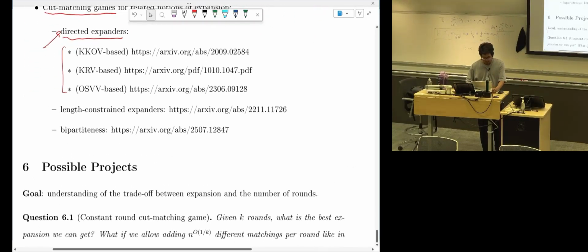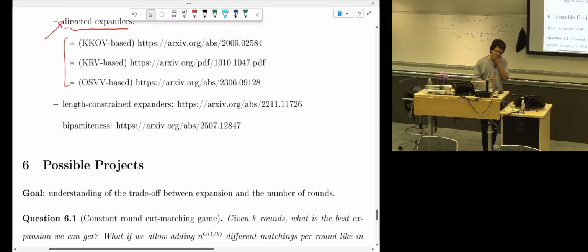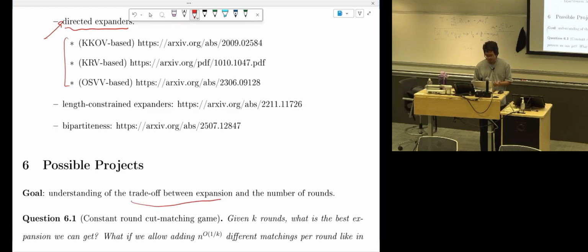Anyway, here are some open problems that I want to ask. Given that you have learned the state of the art of the card matching game, you can try to understand the trade-off between the expansion and the number of rounds.